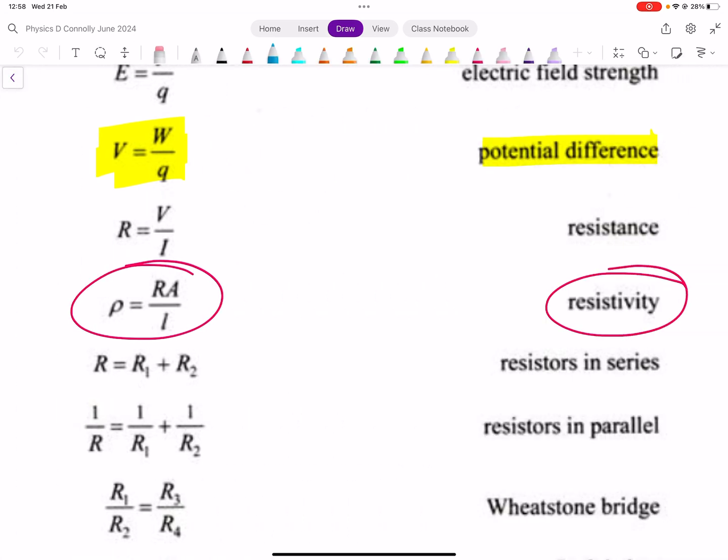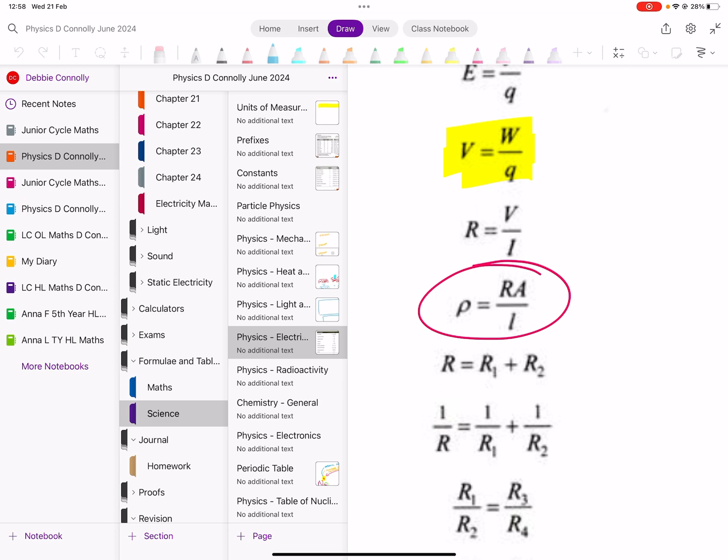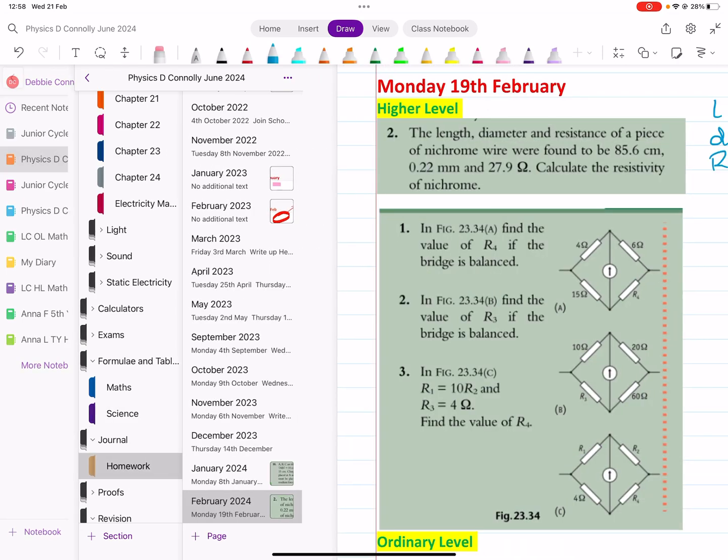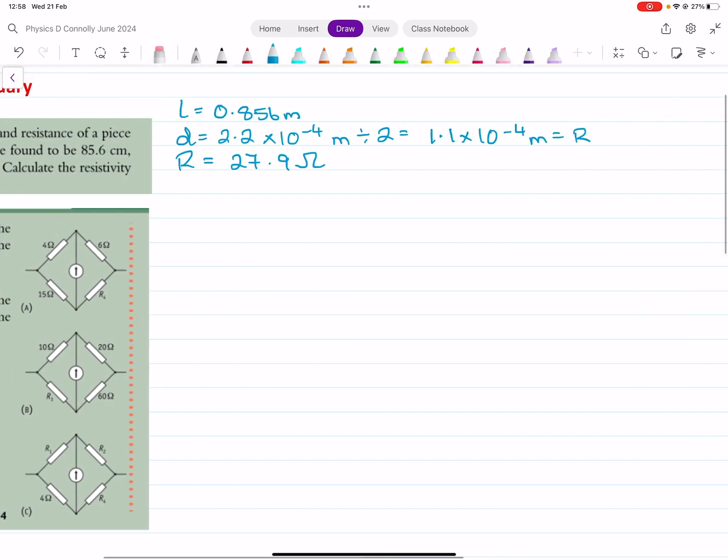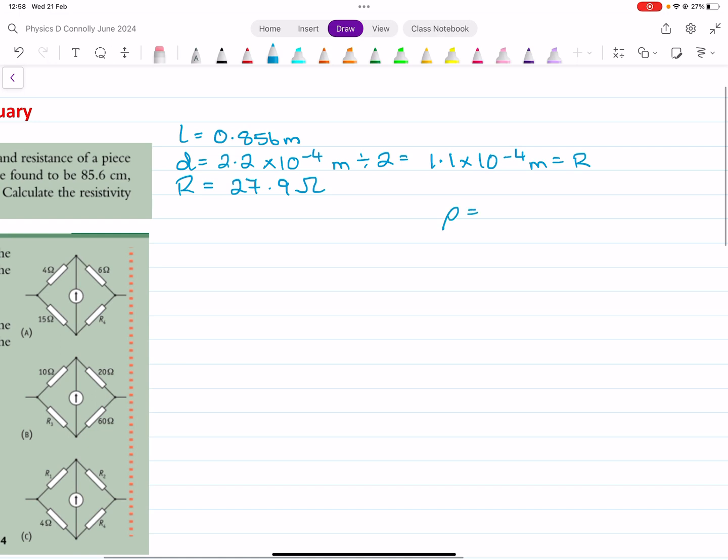So there's the formula. Resistivity equals RA over L. Okay, so the resistivity equals RA over L. The resistance is 27.9. A is the cross-sectional area.